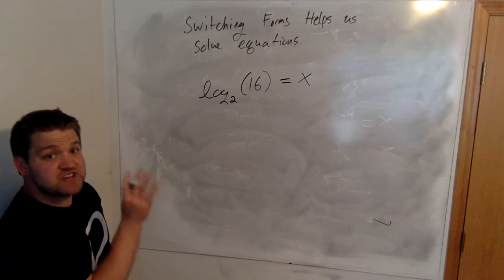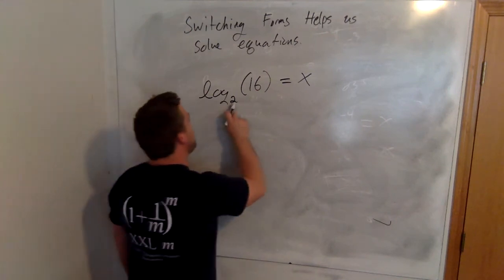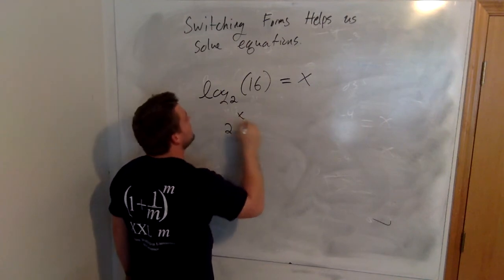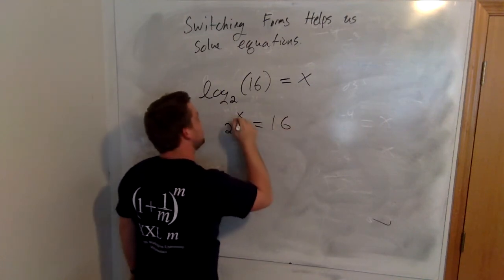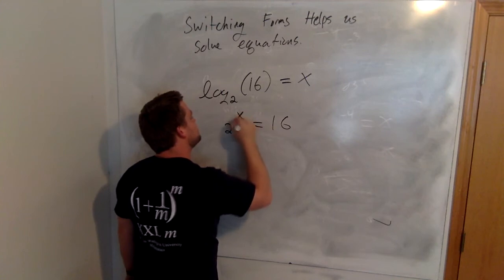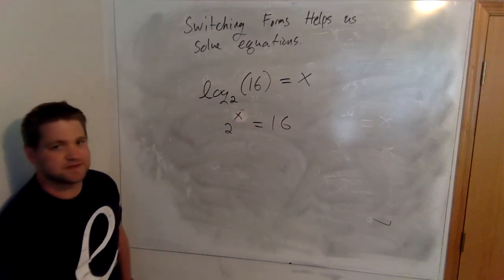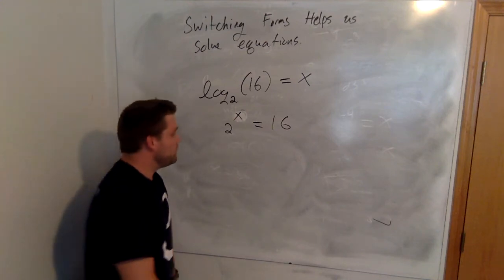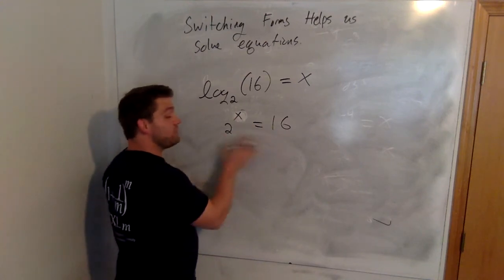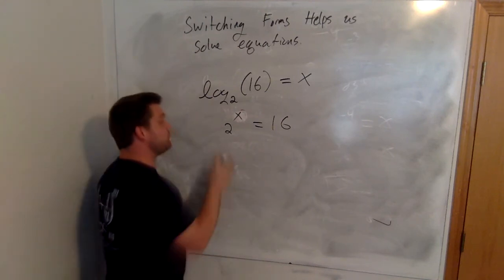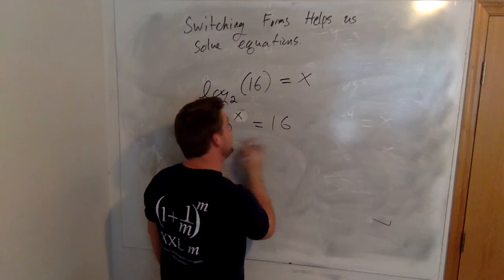Well, what does this notation mean? This means that I want to know 2 to what power gives us 16. Now from here you might be able to guess what x is, but I'd like to show you a nice algebraic way to solve something like this. If I'm trying to solve this exponential equation, it'd be really nice if I could have both sides of the equation have a base of 2.